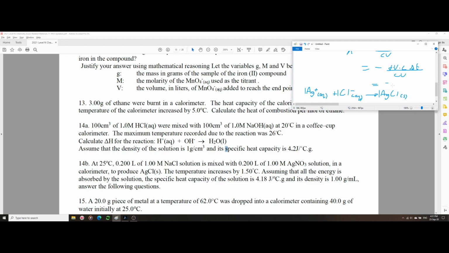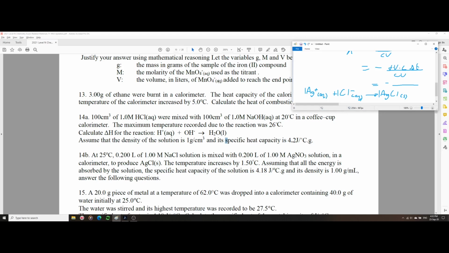I'm just going to show you how you replace, so that you know what numbers I'm using. Again, we're looking at this one, so its density is 1, volume is what? By the way, it's per milliliter, and this is given in liters, so you do the change here also. So that's 200. c is what? c is this, 4.18.